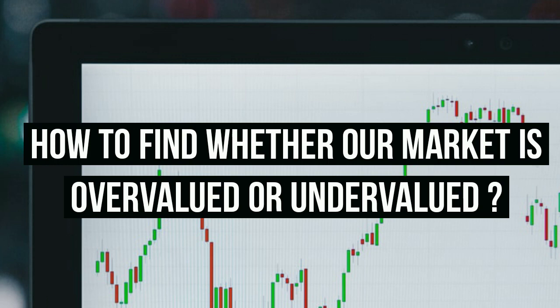If the Nifty PE is less than or around 14, the market is undervalued. If the Nifty PE is above 20, the market is overvalued. In this way, we can find whether the market is overvalued or undervalued. You should always invest your money when the Nifty PE is in the range of 14 to 20.